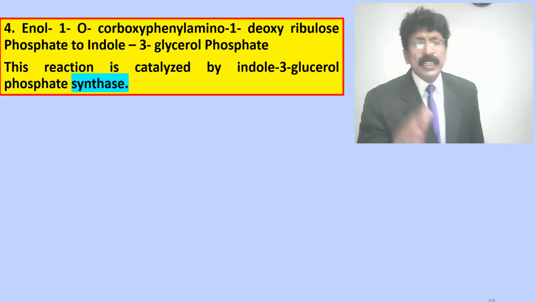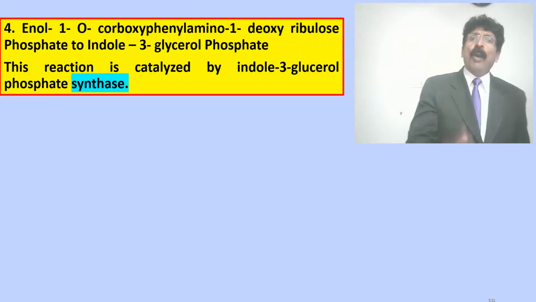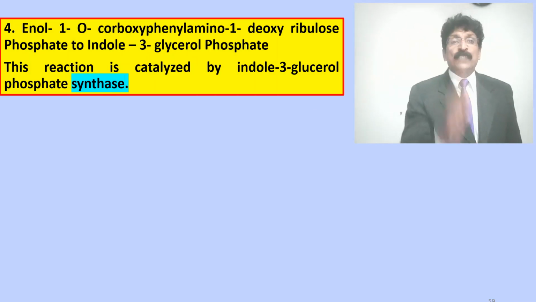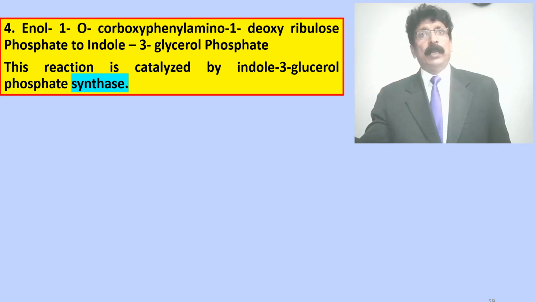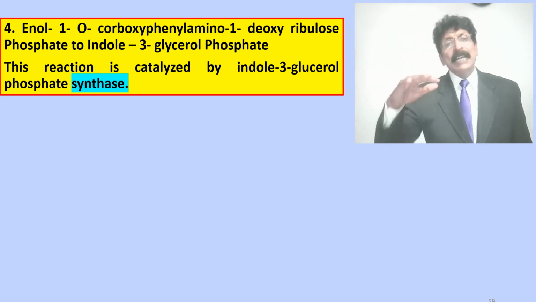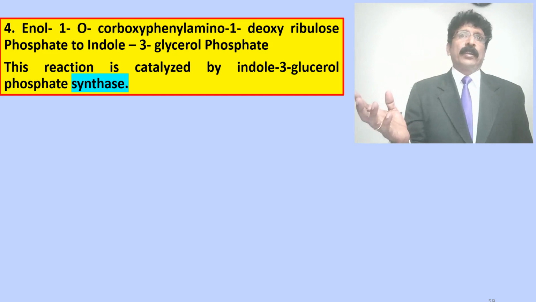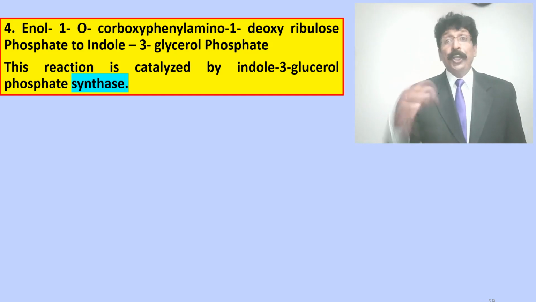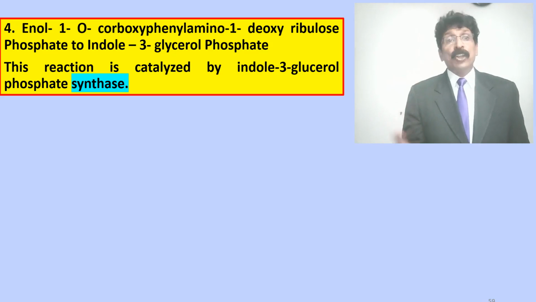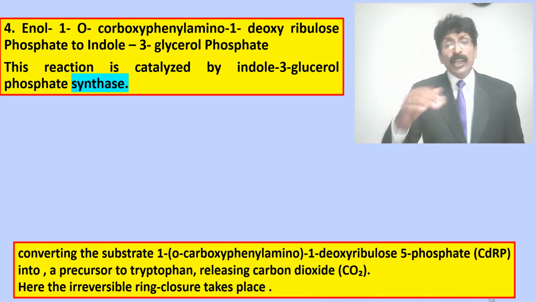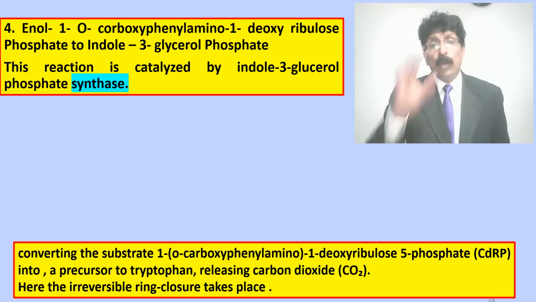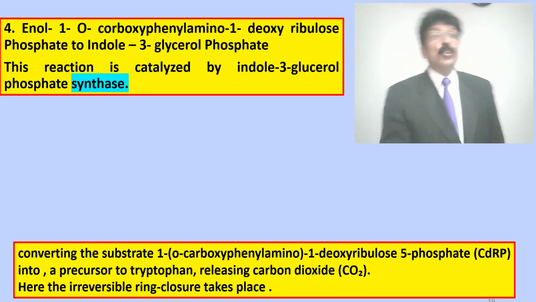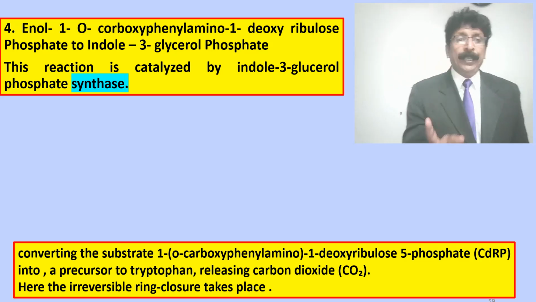And the fourth step, this enol 1-ortho carboxy phenyl amino 1-deoxy ribulose phosphate to indole cyclizes. This open chain will get cyclized. Indole 3-glycerol phosphate. This reaction is catalyzed by indole 3-glycerol phosphate synthetase. So conversion of the substrate 1-ortho carboxy phenyl amino 1-deoxy ribulose 5-phosphate, that is CDRP, into a precursor.